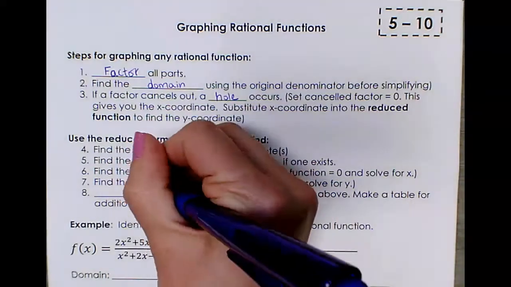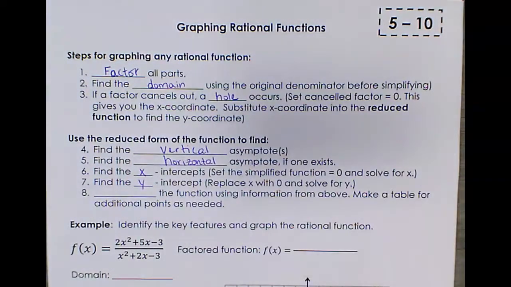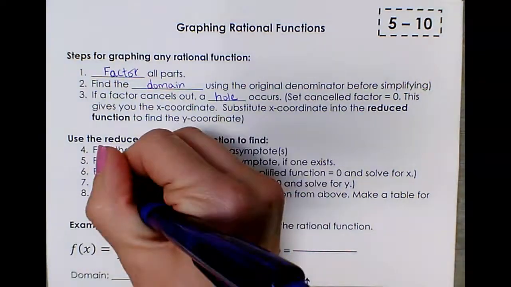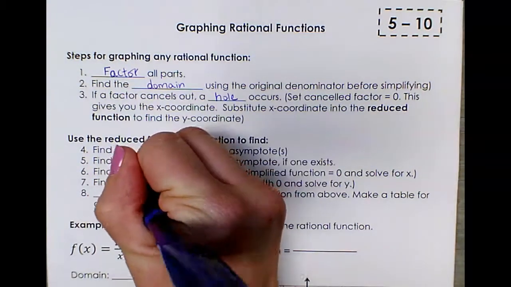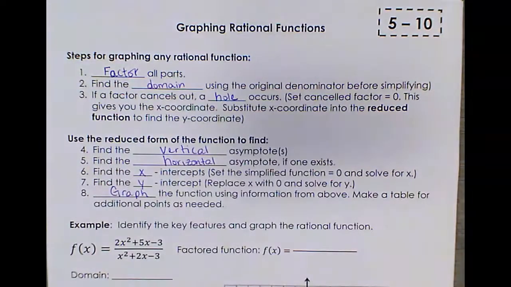You also want to find the y-intercept by replacing x with 0 everywhere you see an x and solving for y. And finally, graph the function using information from above. Make a table for additional points if you need it.